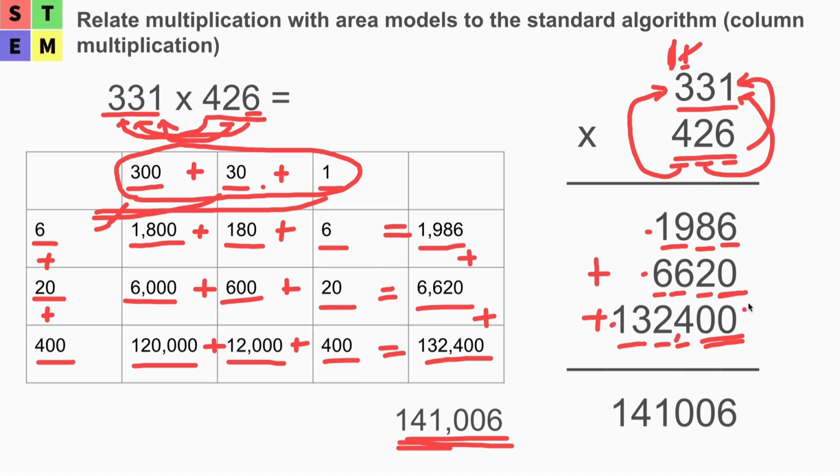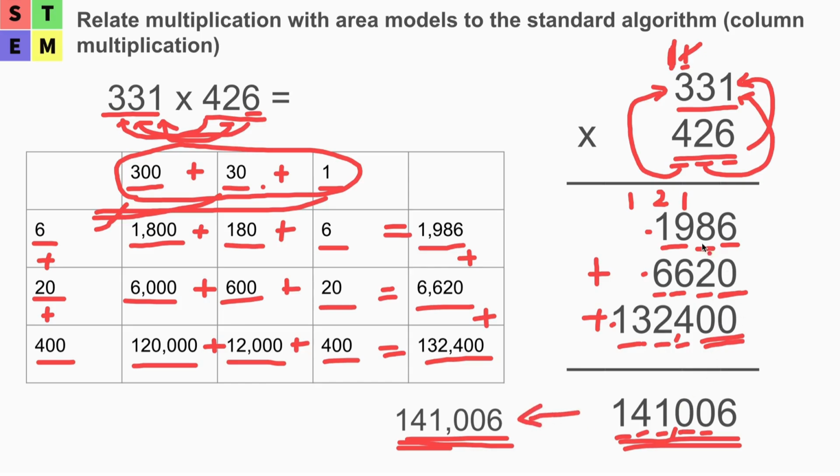When we do the calculations, we got 6 here. 8 plus 2 is 10, so we write 0 here and carry 1. 1 plus 9 is 10, and 6 plus 4 is 10, that means we have 20 here, so we write 0 and carry 2. Then 2 plus 1 is 3, plus 6 is 9, plus 2 is 11, so we write 1 and carry 1. Then 1 plus 3 is 4, and we have 1 here. So in the end, we have 141,006.